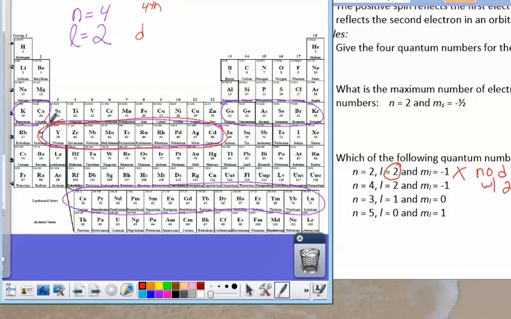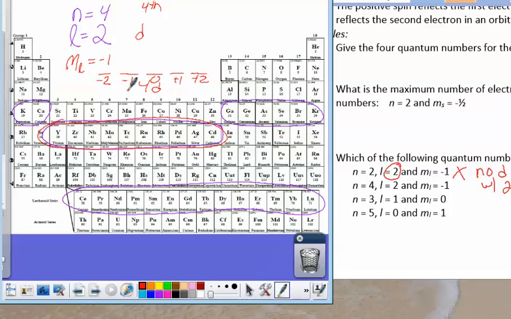And we have an m sub L equal to negative 1. If I drew out the 4d, I would label it negative 2, negative 1, 0, positive 1, positive 2. So it looks like this one I have the possibility to have. I could have the m sub L equal to negative 1.